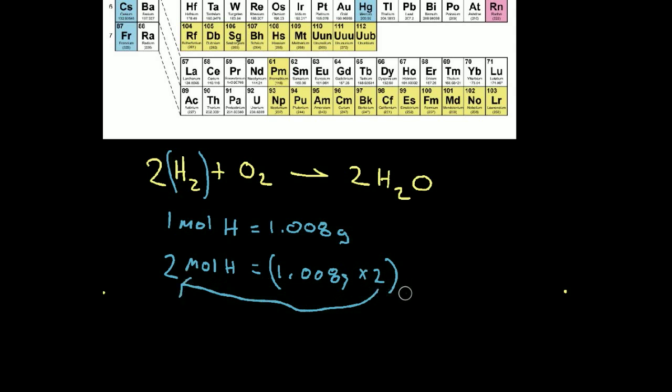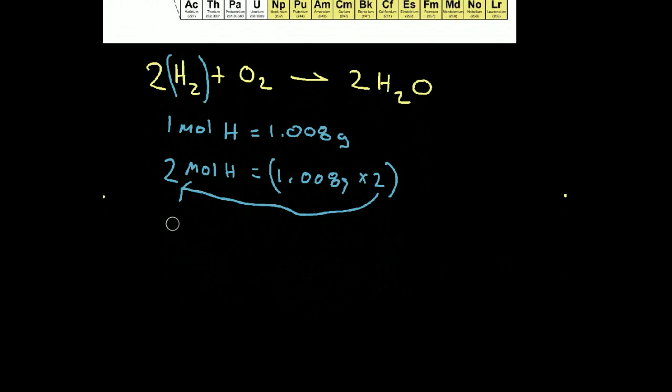And we can write this out even in dimensional analysis. If you remember from my first video, we started to get into dimensional analysis. We can write out that we're given 2 moles of hydrogen, and we know for every 1 mole of hydrogen, we have 1.008 grams of hydrogen. We're going to multiply 2 times 1.008 grams, divided by 1 mole.